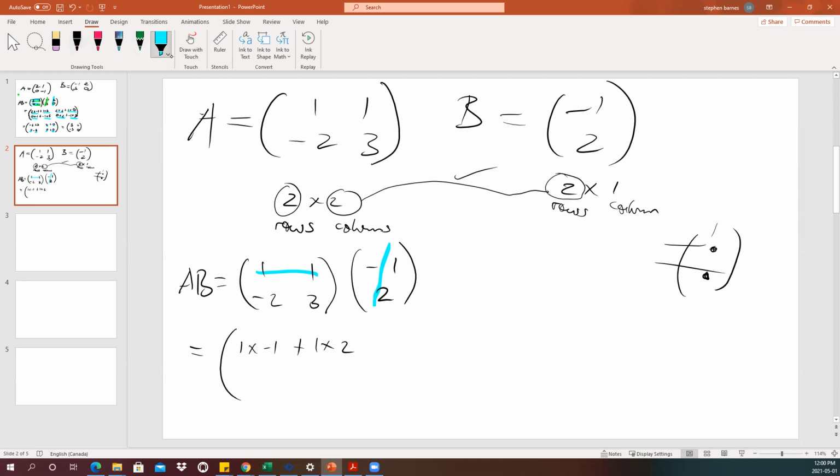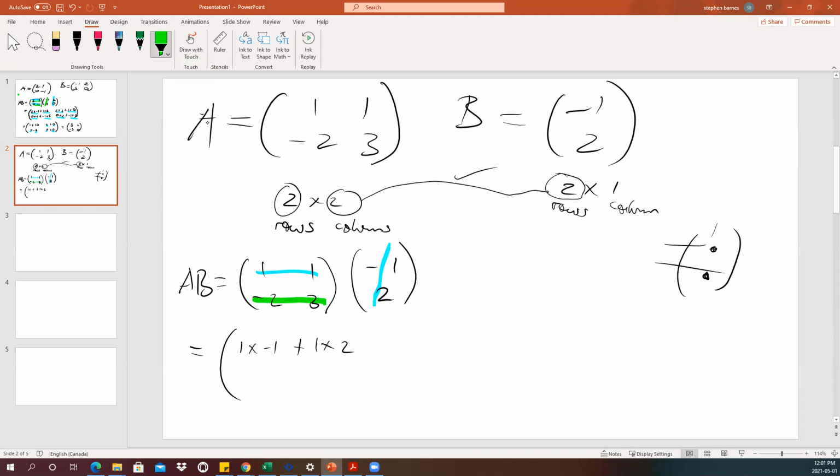Next, let me change the color. I may actually undo so this thing looks better. All right.